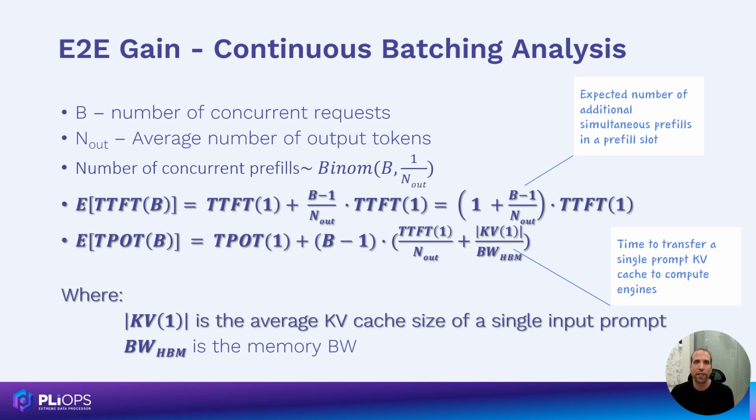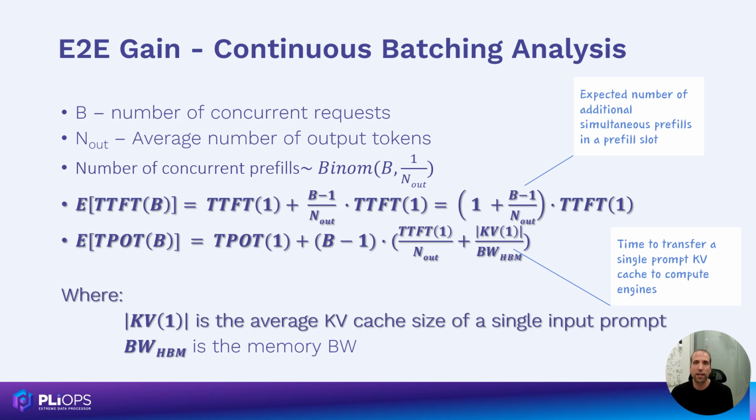Now let's evaluate the expected TTFT as a function of the batch size B. You see it here. It's very simple arithmetic. It's the time to first token of a single request, while the second term captures the contributions from additional simultaneous prefills.